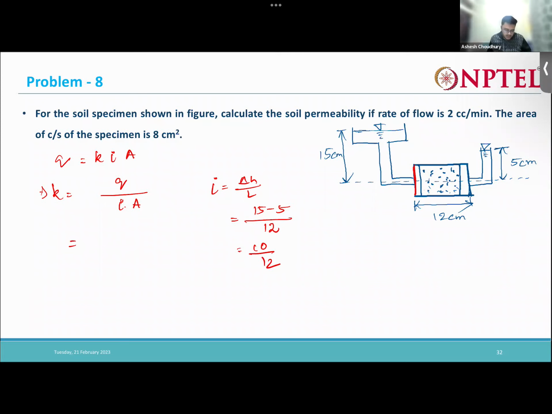This way we found that the soil permeability is 0.3 centimeter per minute.